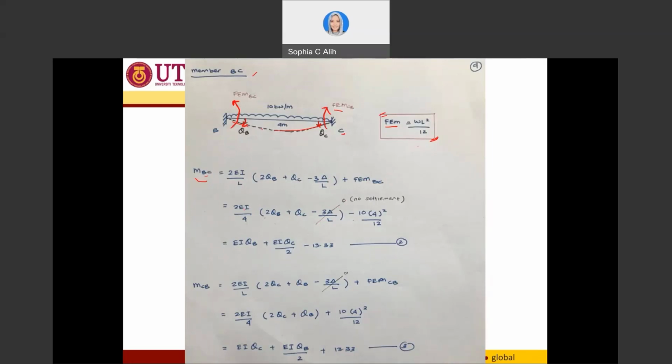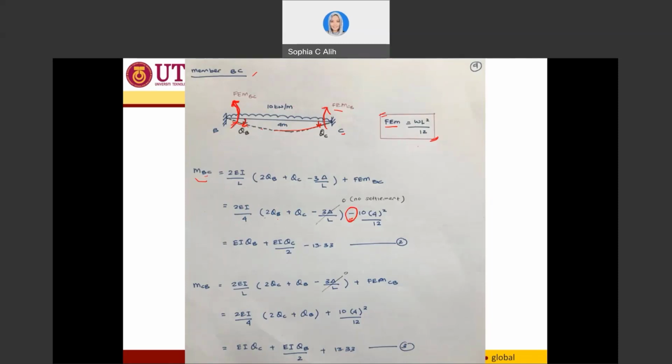And 2EI over L, L is 4 meter, times 2 theta B plus theta C. I do not know what is the value of my theta B and theta C, so I keep it as it is. And for FEMBC, since this is counterclockwise direction, I have to put it as negative. Okay, so be very careful, since this is counterclockwise, this is why it is negative here.